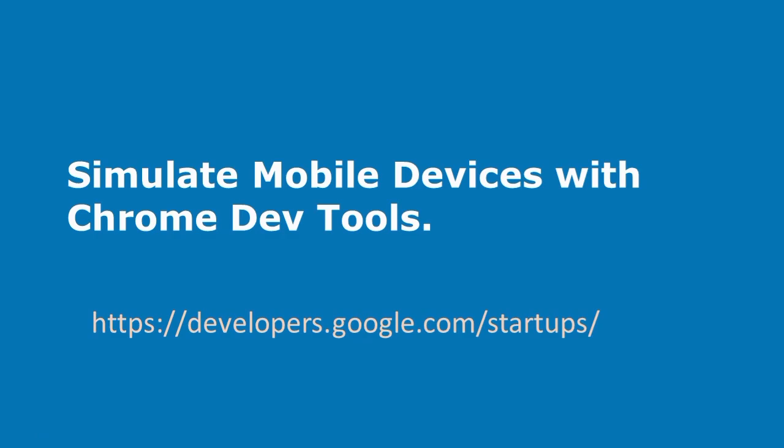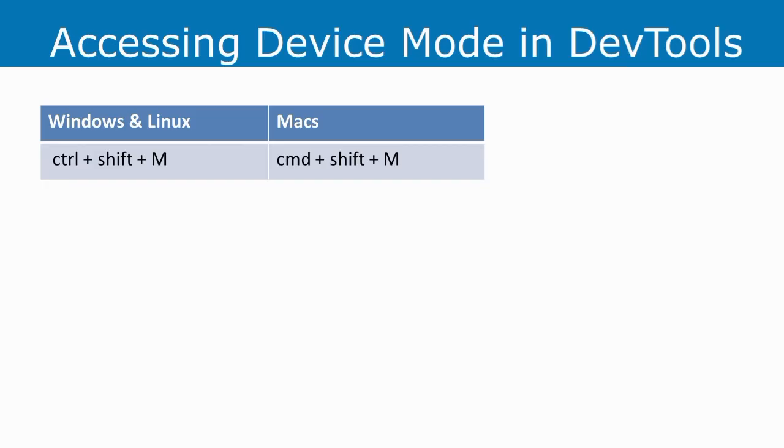So we're going to use this website to illustrate how to access the DevTools to see the various mobile views for this web page. To access the device mode in the DevTools, if you're on Windows, you do Ctrl+Shift+M when you are on the website. For Macs, you do Command+Shift+M.